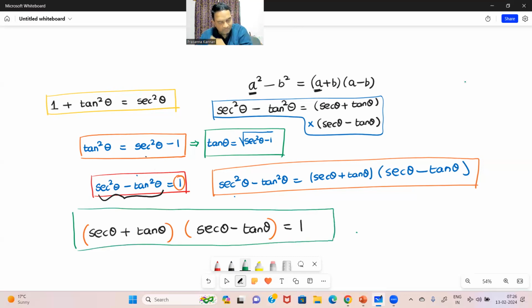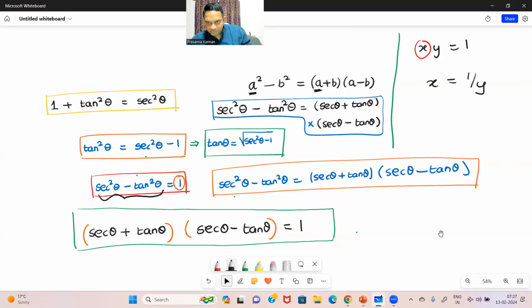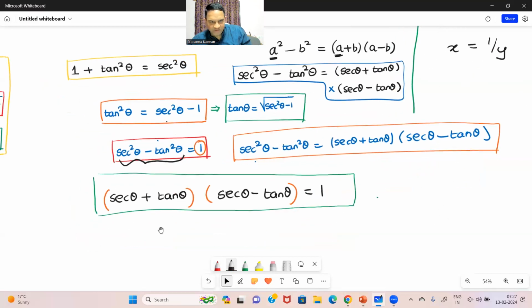Clear? Okay. Suppose if I have something like this, x into y equal to 1, then keeping x this side, if I take y to the other side, what I will get? 1 by y. Correct? So like that, here, I have secant theta plus tan theta into secant theta minus tan theta equal to 1. Correct?